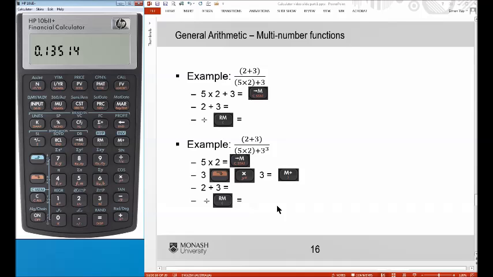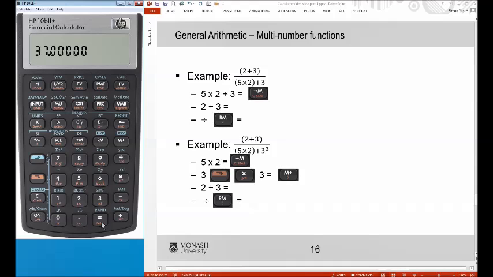Now, please note that in this example, the denominator can actually be computed in one go. So 5 times 2 plus 3 to the power of 3.